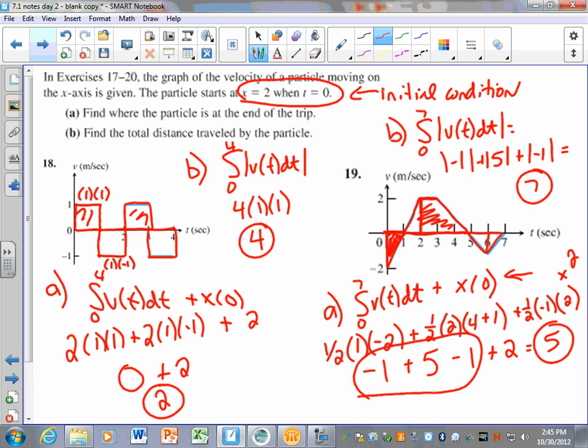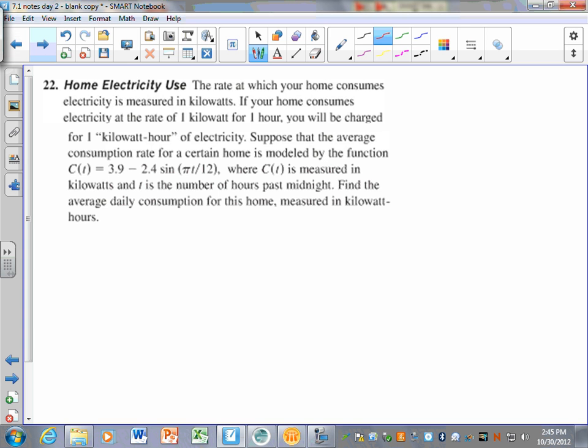Something else I want to show you is just some other uses of integrals. Story problems sometimes. It's just all about knowing when to do an integral. So again, this one is from your textbook. It says the rate at which your home consumes electricity is measured in kilowatts.